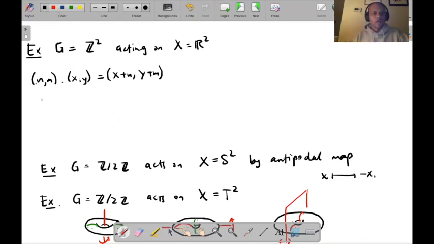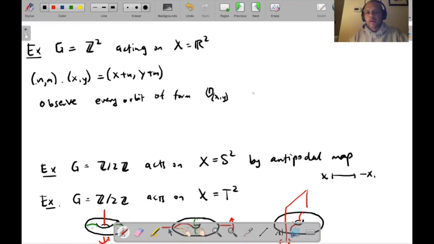So here it's useful to observe that every orbit is of the form O sub (x, y), where (x, y) lies in the square [0,1] squared.